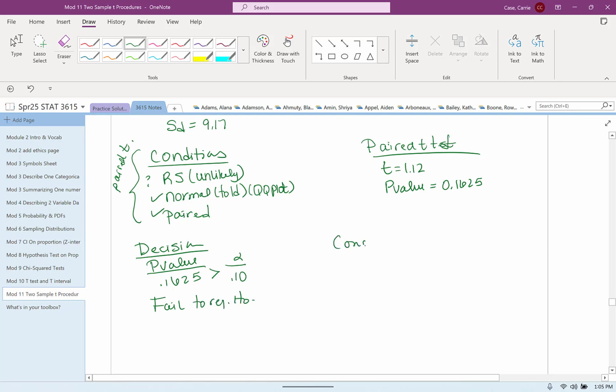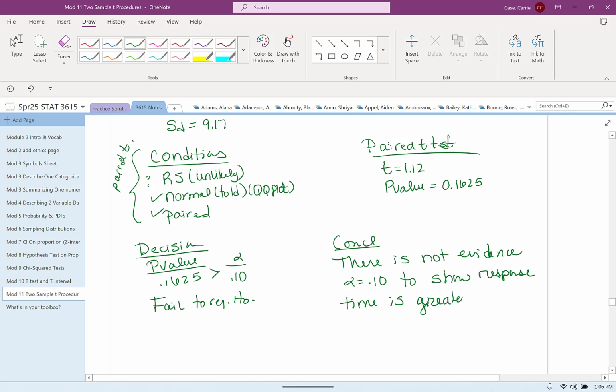So our conclusion: there is not evidence. You could include your alpha level or your p-value. There is not evidence at the alpha equals 0.10 level to show response time is greater after trauma.